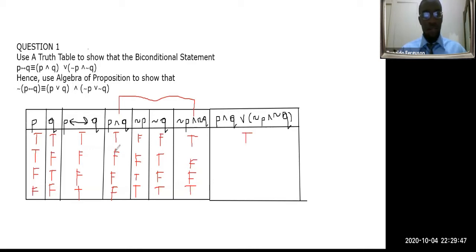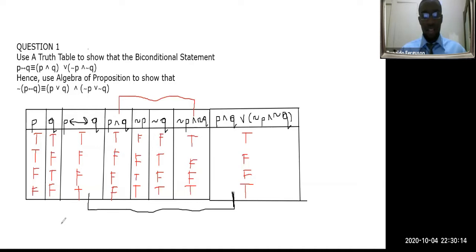and false or false is false. And so false or false is false, then false or true is true. So now what we can conclude is clearly the biconditional statement, its truth result is the same as this right here.